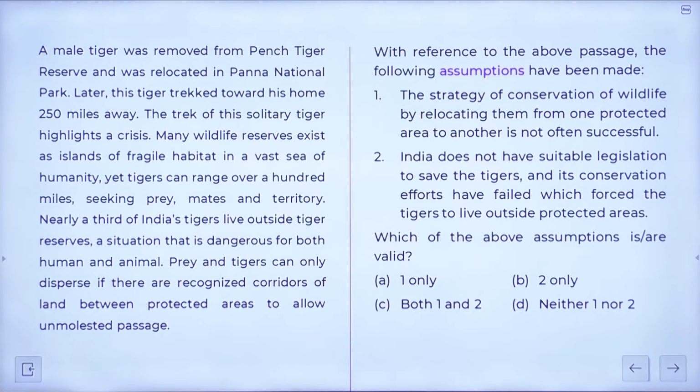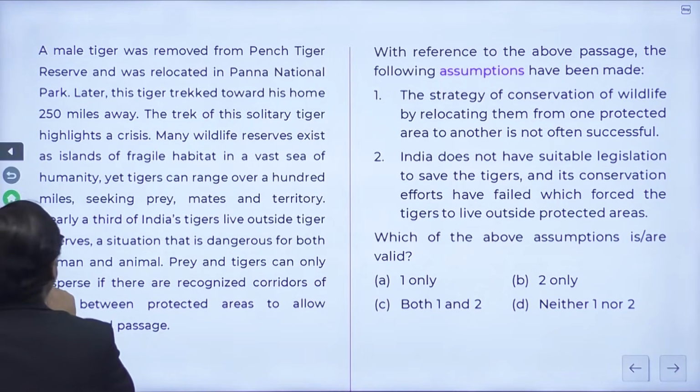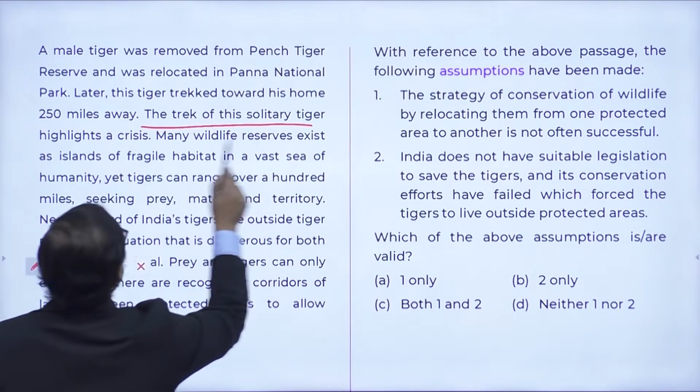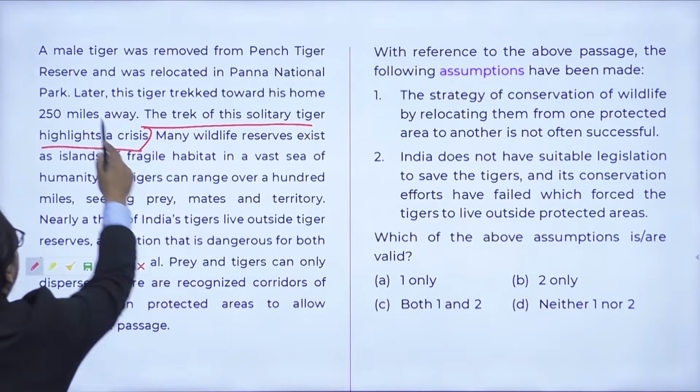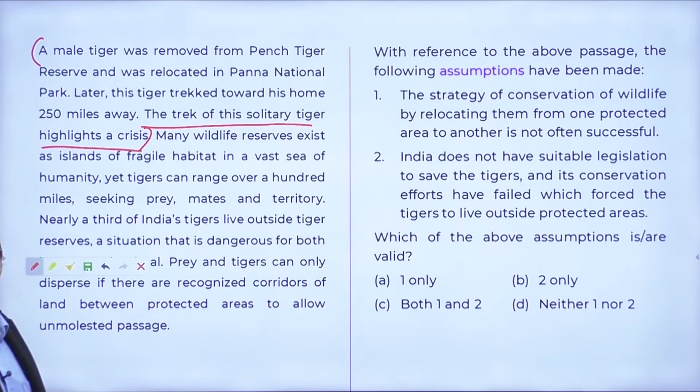This is, I think, a 2022 question. So first you tell me where to locate in the passage. Later the tiger trek. Excellent. The trek of this solitary tiger highlights a crisis, from here to here. Can I locate that first? The strategy of conservation of wildlife by relocating them from one protected area to another is not often successful.